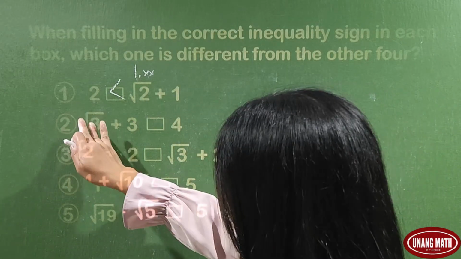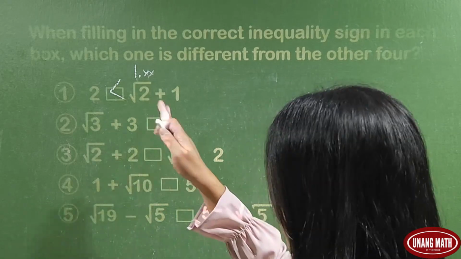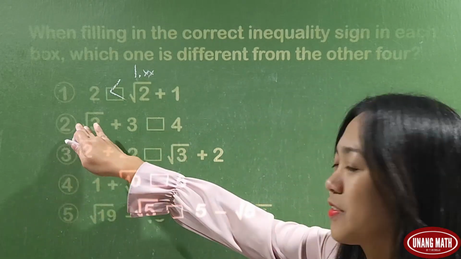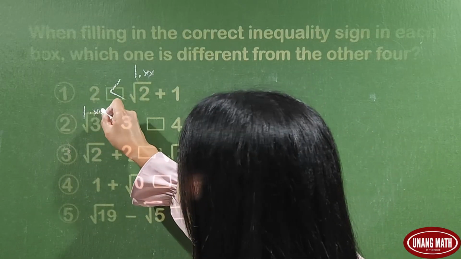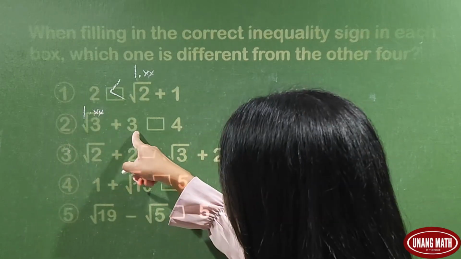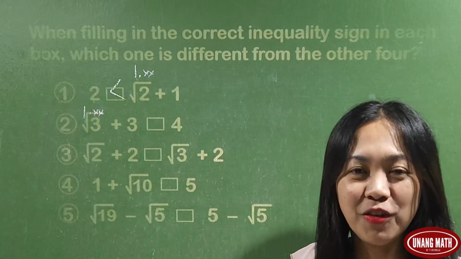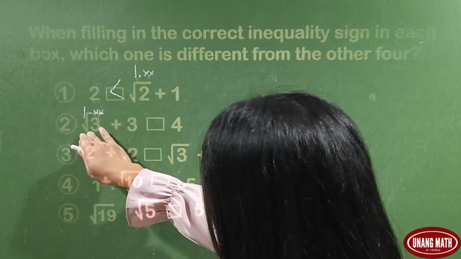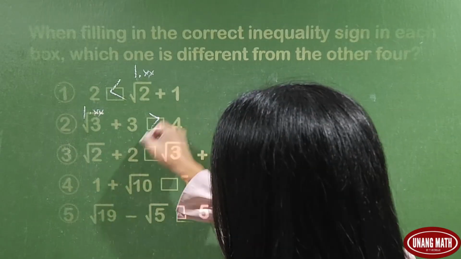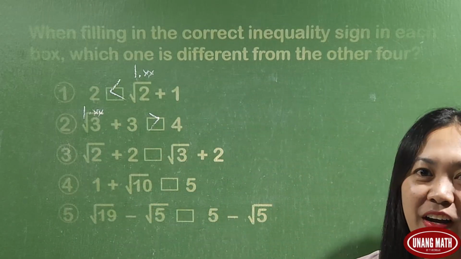What about number 2? Square root of 3 plus 3 is blank 4. Estimate the square root of 3. This is 1 point something, and if we add 3, this is already 4 point something. So it's already more than 4. Then it means the square root of 3 plus 3 is greater than 4.